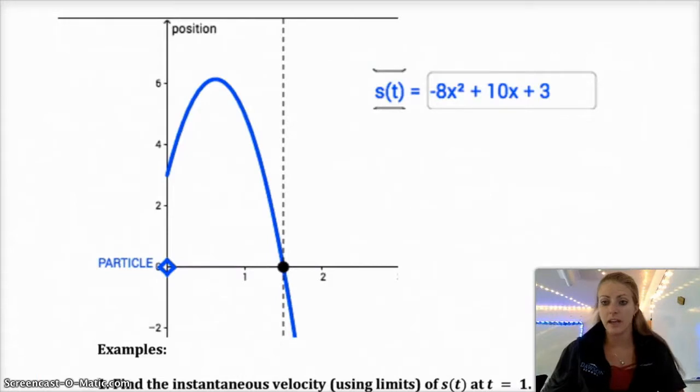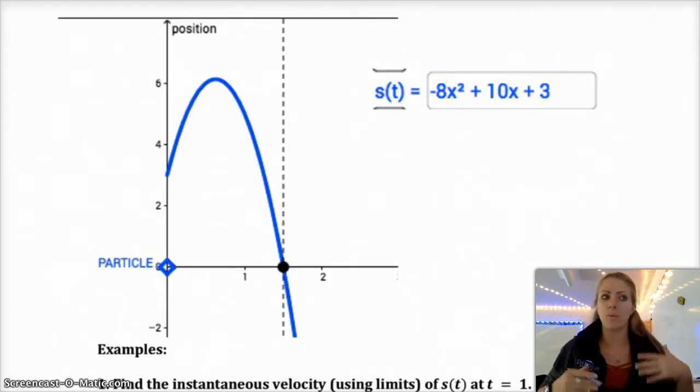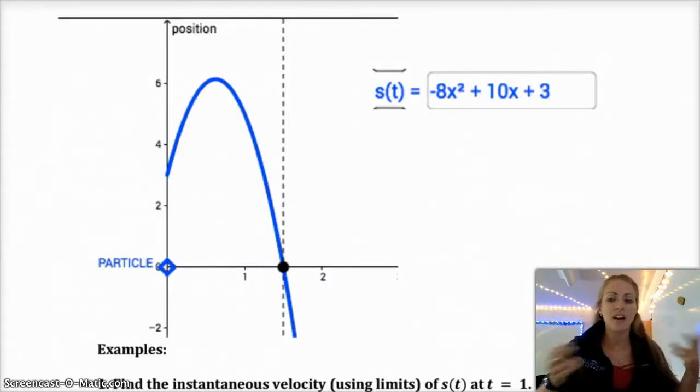Okay, so here's the thing. Up until probably this class, we've only talked about slopes of lines. And what calculus is about is the study of change. The problem is, unless you have a line, most functions have a rate of change or a slope that's changing.